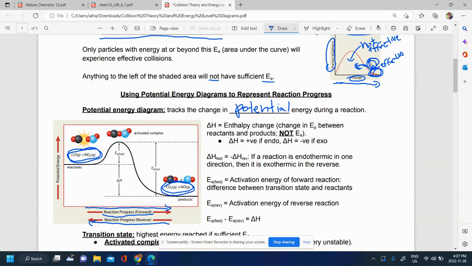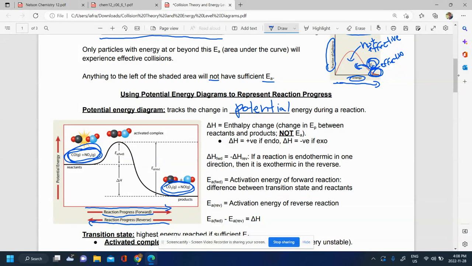So essentially what happens is the CO and the NO2 are going to collide into each other. And if they collide with the proper orientation, they may react. Now, the other condition that has to be met is that they have to have the right amount of activation energy. You can provide that in a few ways. One way is by providing some heat with a hot plate, for example, or a spark.